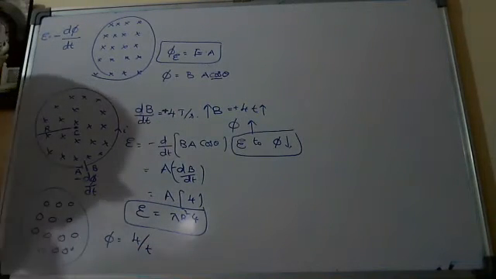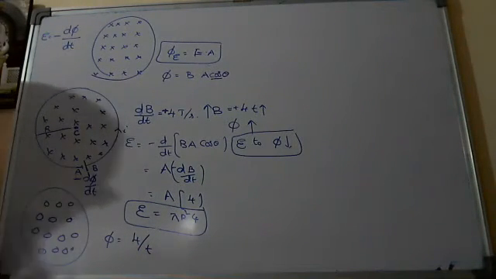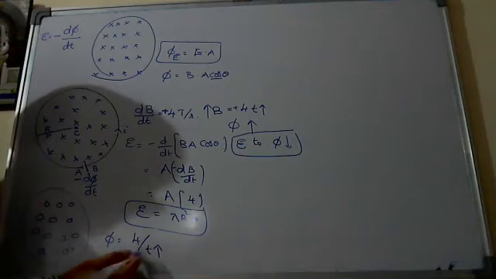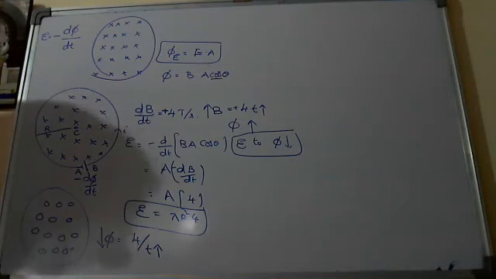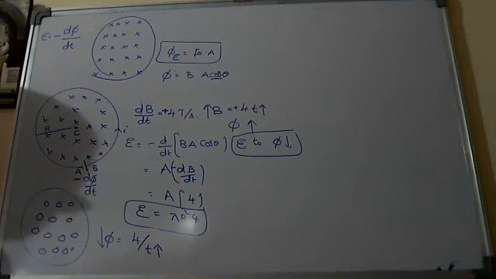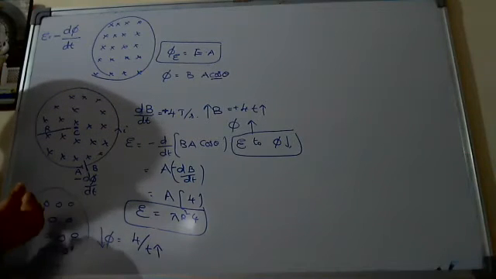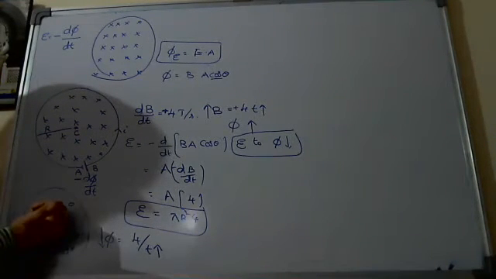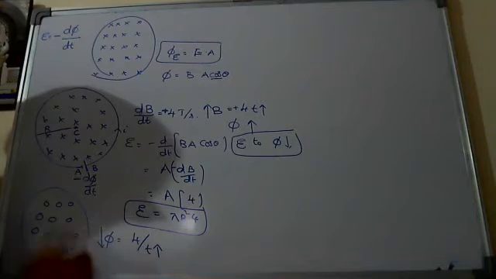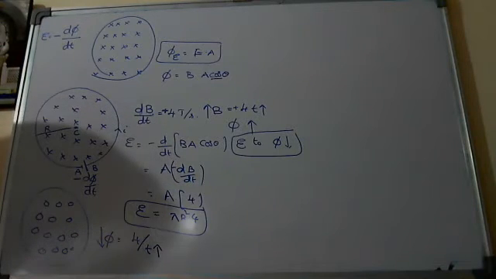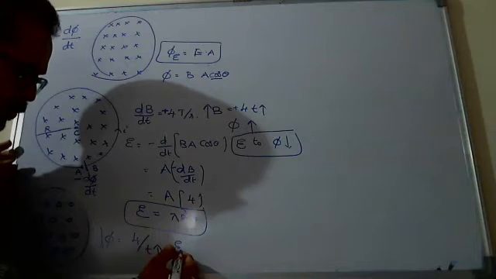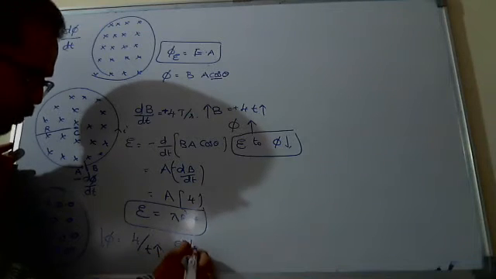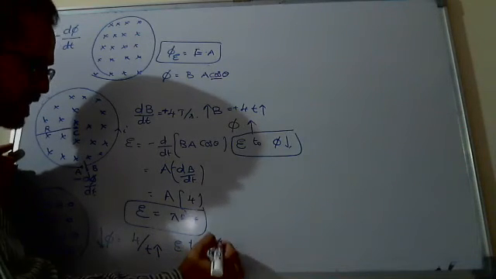If you increase the time, the value will be decreased, so the flux will be decreased. Outward flux is decreasing. When flux decreases, keep in mind the EMF is induced to increase that decreasing flux.